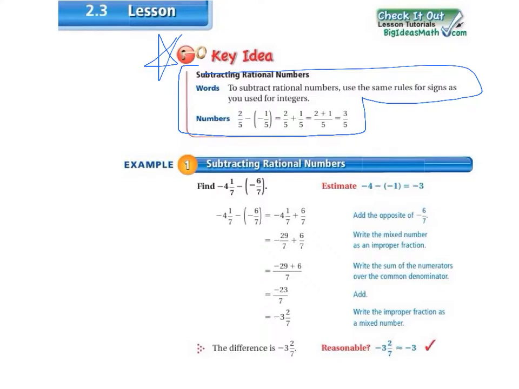And then let's move on to example 1, subtracting rational numbers. Our job is to find -4 1/7 minus a -6/7. First of all, we're going to estimate, and when we do that, we have -4 minus a -1. So remember our rules, that would be the same as -4 plus 1, which equals -3.